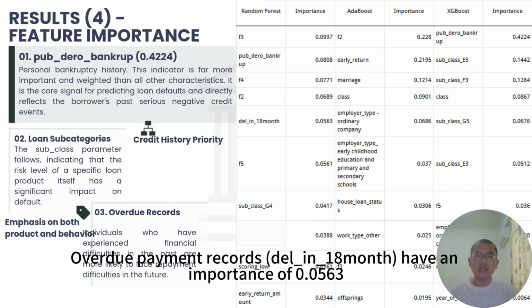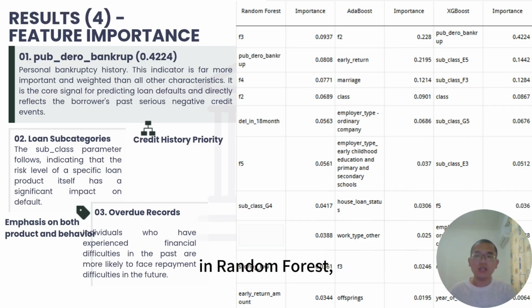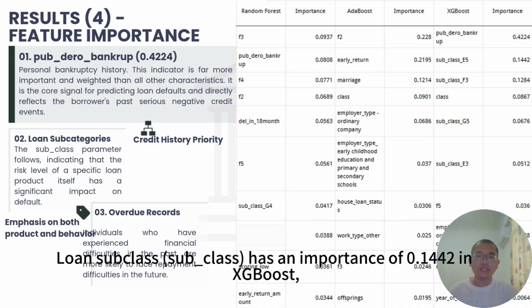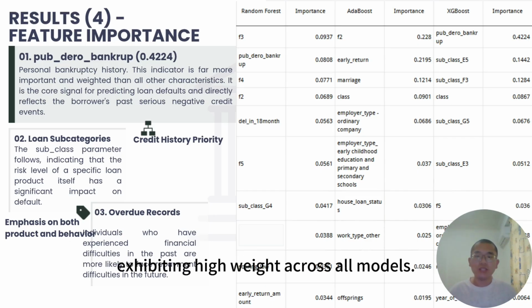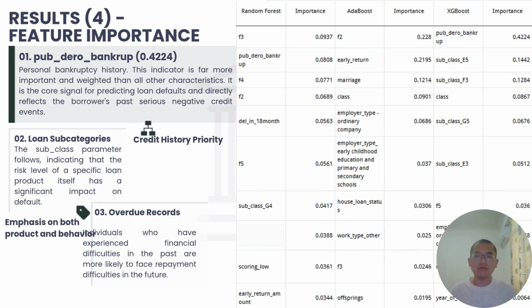Overdue payment records have an importance of 0.0563 in Random Forest, also a key predictive feature. Loan subclass has an importance of 0.1442 in XGBoost, exhibiting high weight across all models.